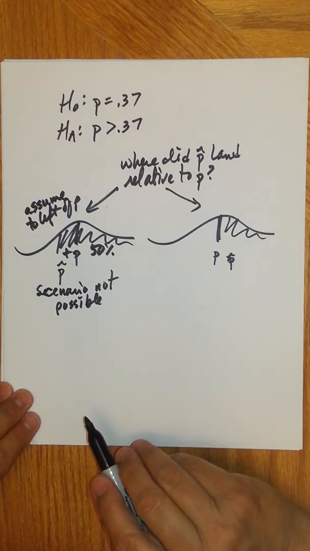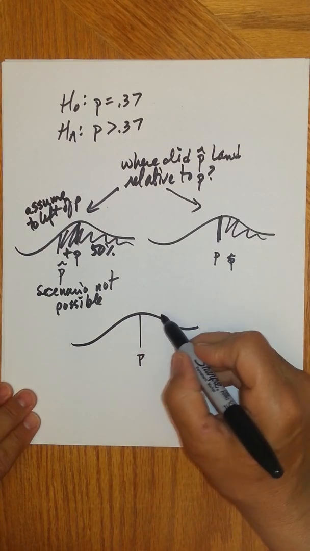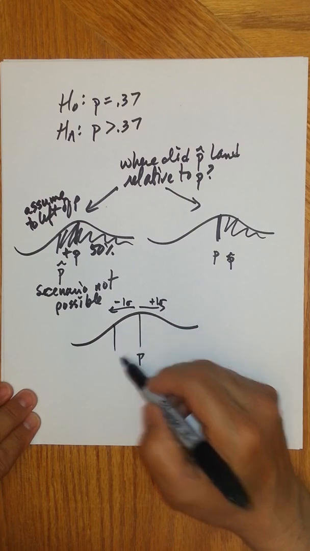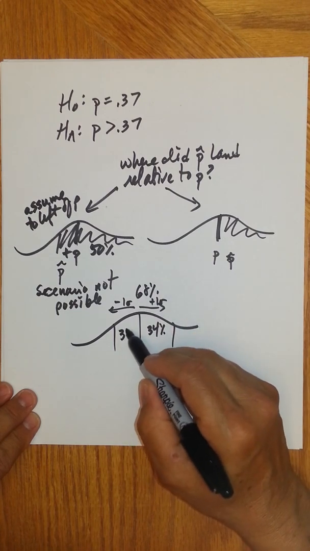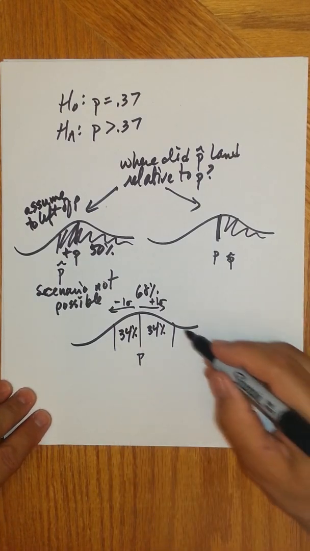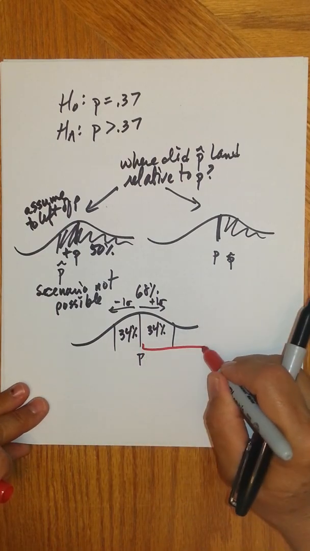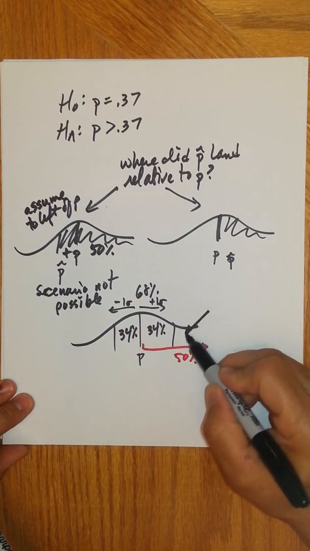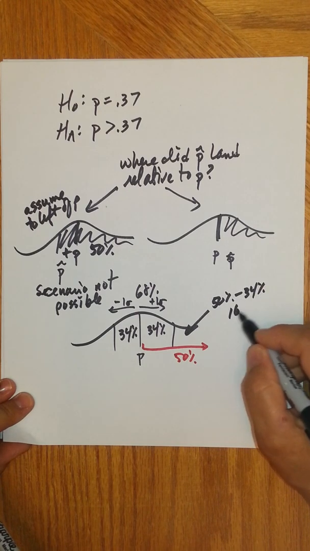But we can do even better than this. We know from the empirical rule that when we go out one standard deviation in both directions, we capture 68%, meaning 34% on either side of the mean. We capture 34% of the sample proportions. Well, in this case, since half the curve is 50%, this piece right here is 50 minus 34, or 16%.